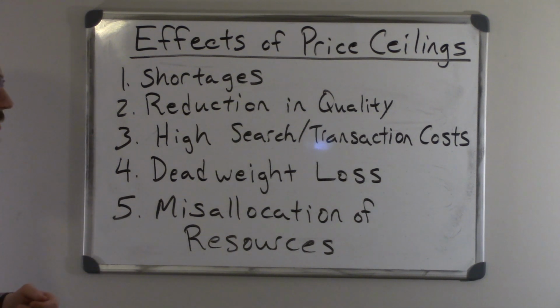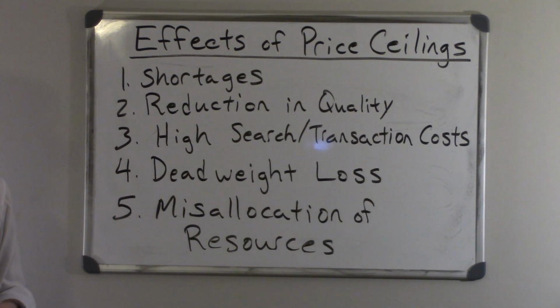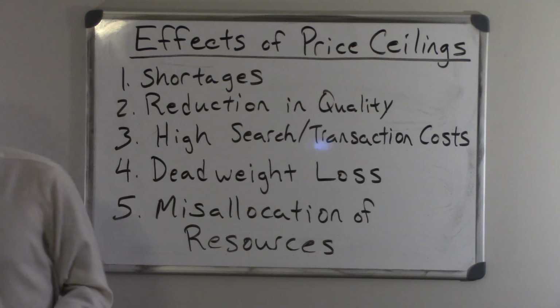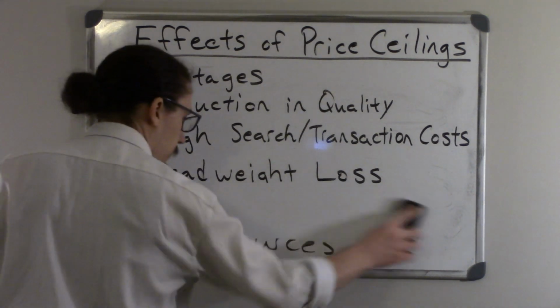Third, high search/transaction costs for the product. Fourth, it creates what is known as a deadweight loss when we have a price ceiling. And fifth, we have a misallocation of resources. All right, so those are the 5 effects of a price ceiling. So let's go ahead and start looking at shortages.